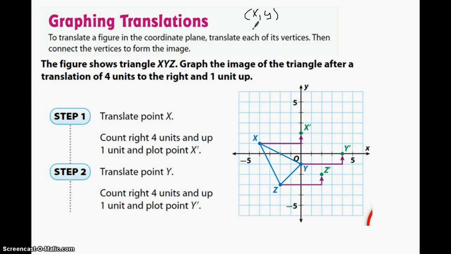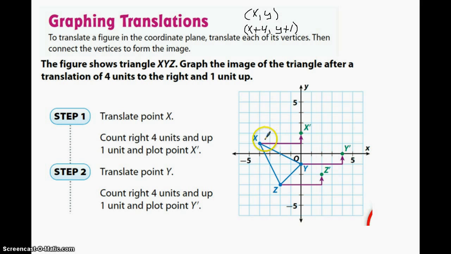If it says count to the right, so you're going left and right, that's going to be x. So that'll be whatever x is plus 4, and we'll put our comma, and then it says y will be 1 unit up, so this will be y plus 1. That's pretty much the only thing that we're looking at.